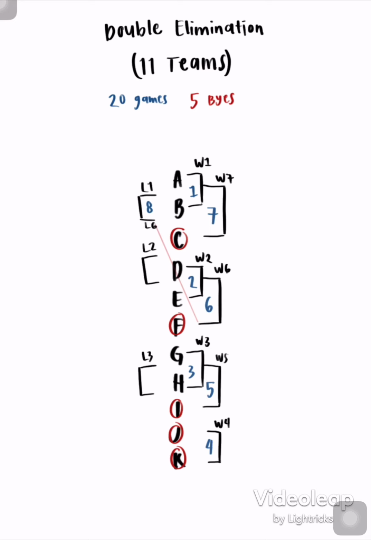Same goes to game 9 and game 10. So for game 9, loser 2 is going to compete with loser 7.